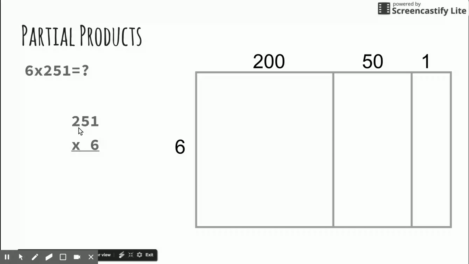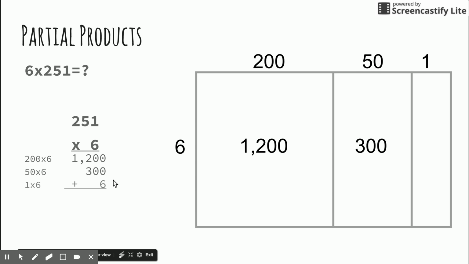The 2 in the number 251 is 200, so we would do 200 times 6 is 1,200, which would be this rectangle right here. Then we're going to look at that 5, and we're going to say that's 50. 50 times 6 is 300, which corresponds to this rectangle right here. And then we're going to look at the 1, and we're going to say 1 times 6 is 6, which is this rectangle right here.